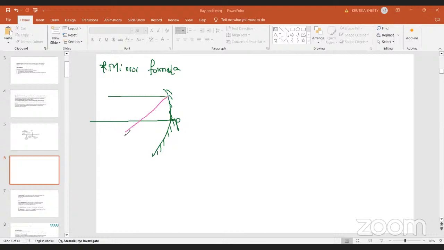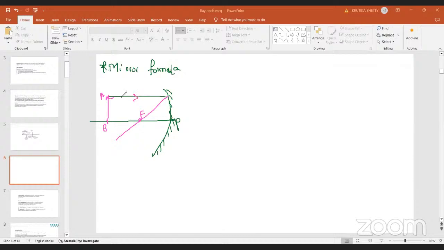The reflected ray is passing through the focus. Here one more incident ray we are taking. This is AB, the object which is placed in front of the mirror.